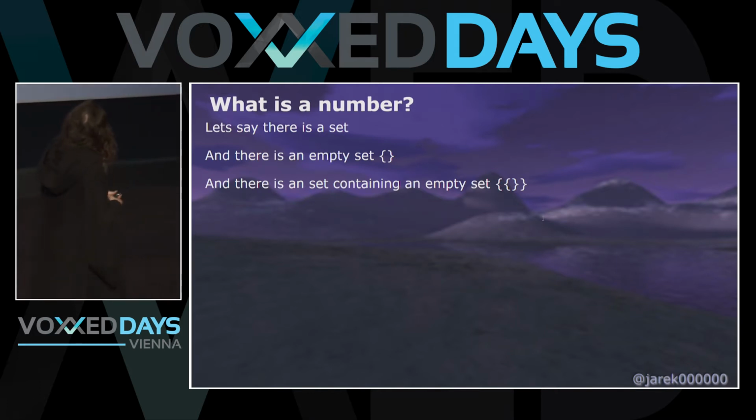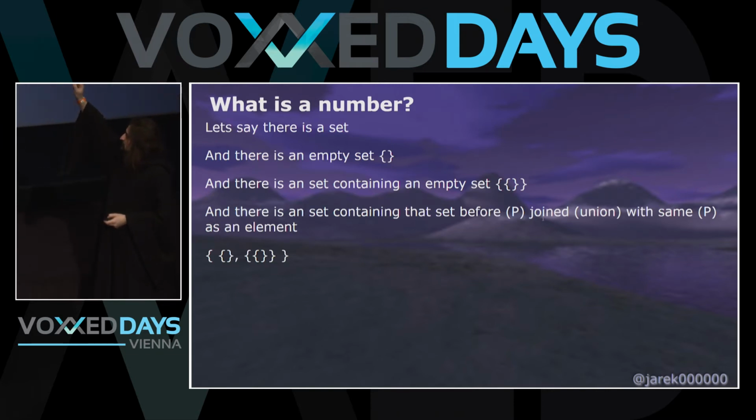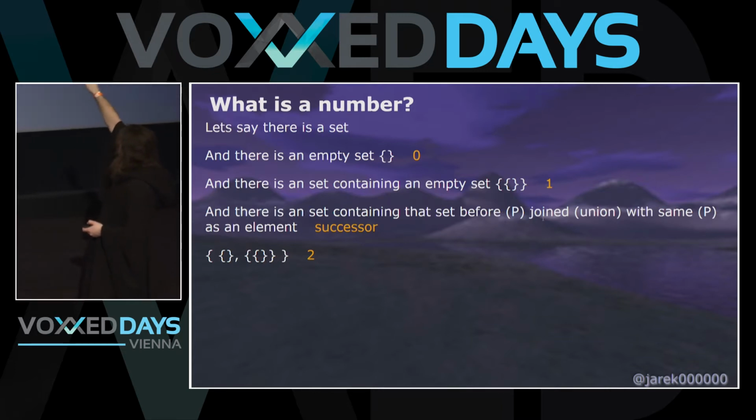How cool, yeah? So we can go further. This is the definition, but just forget it. Let's see this thing. This is a set containing an empty set and the set that contains the empty set. That's a mathematical procedure that allows us to construct sequences. And by the way, in these sequences we can call the empty set 0, the set containing the empty set 1, this thing 2, and this operation that allows us to create the next element in the sequence is the successor.